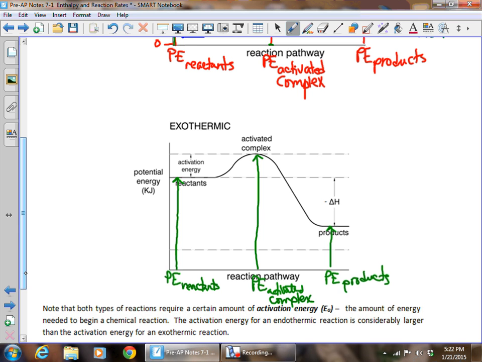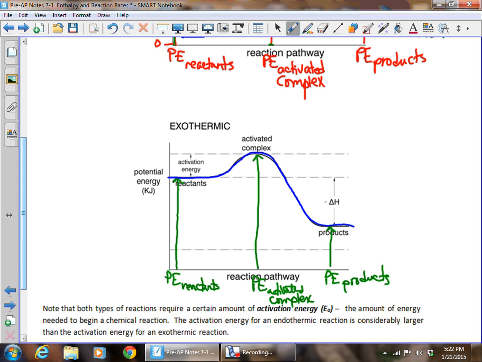Look what happens. We've got reactants that start way up here. We need a little bit of activation energy just to get it started, and we end up with our products giving off heat energy. They're ending up at a lower energy state. So our activation energy here is quite small.